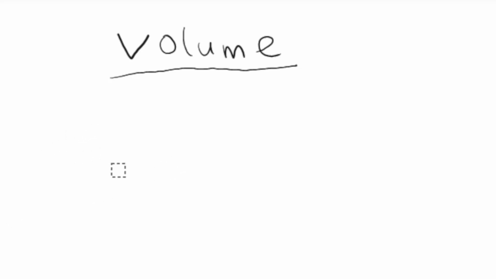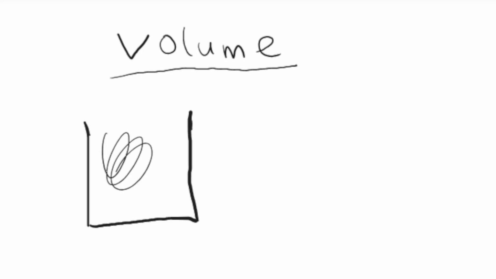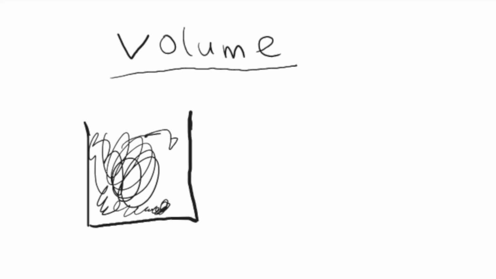Let me do some examples for you to see. If I'm talking of volume, like if I have this, you see what is inside here. Look at the amount of space occupied by an object. What is inside here?